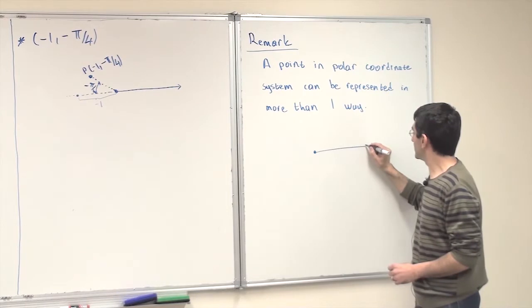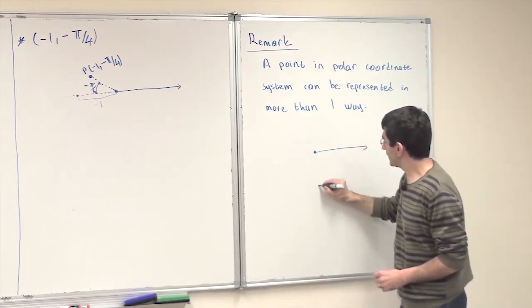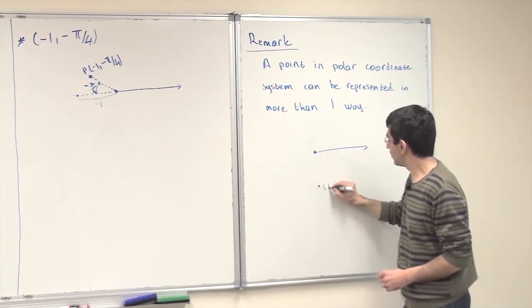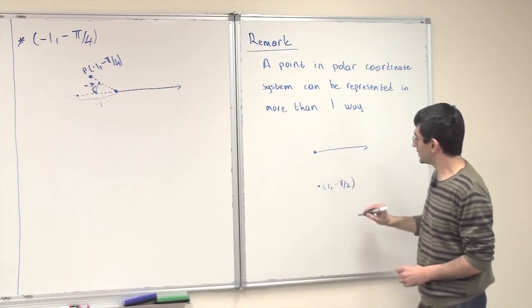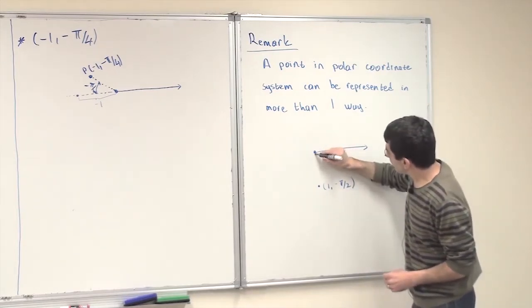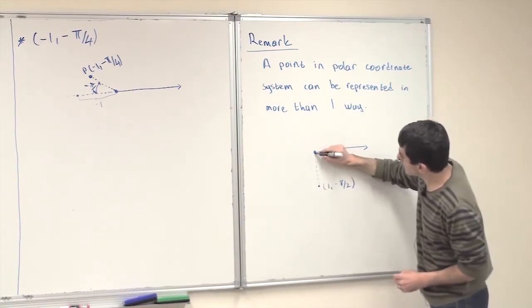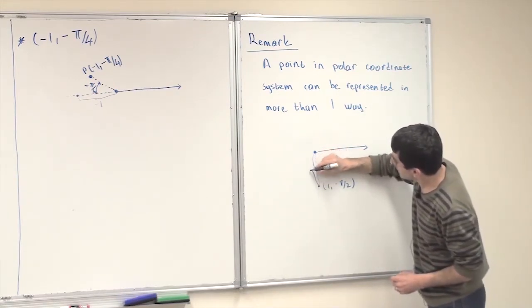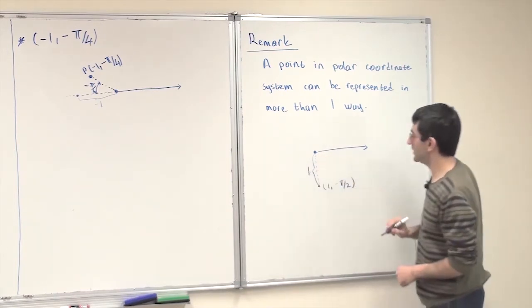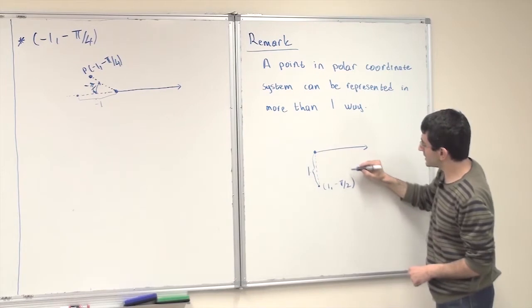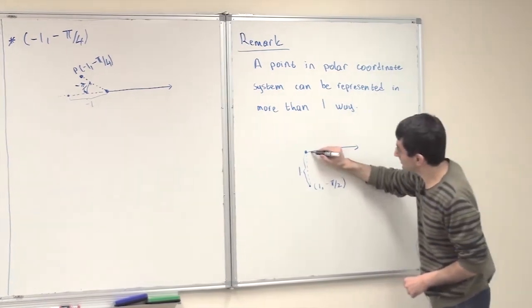Let's consider the point 1, negative pi over 2. So 1 means that this distance is 1, and our rotation is pi over 2, but in the clockwise direction.